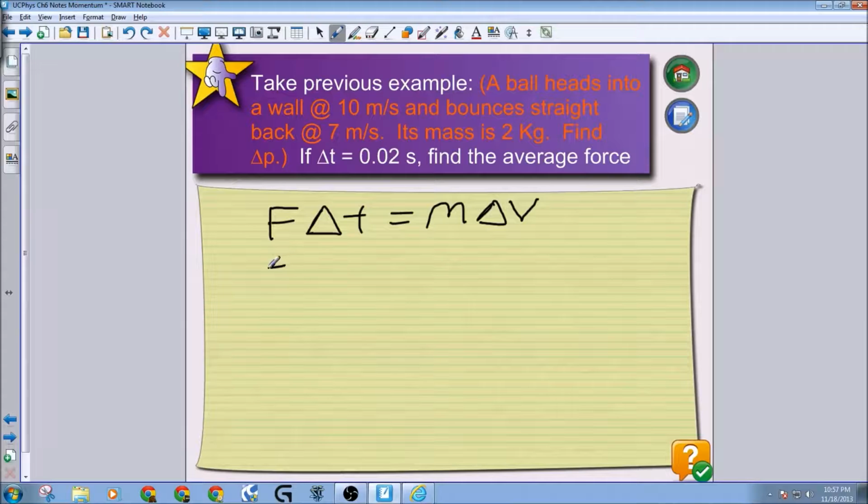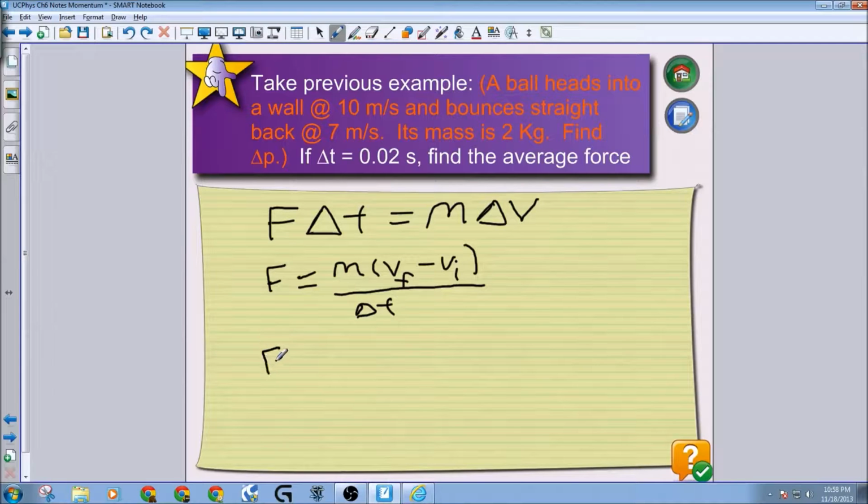Divide both sides by t, and you get force equals mass times velocity final minus velocity initial, that's delta v, divided by delta t. It would be final time minus initial time, but they give it to you as delta t.